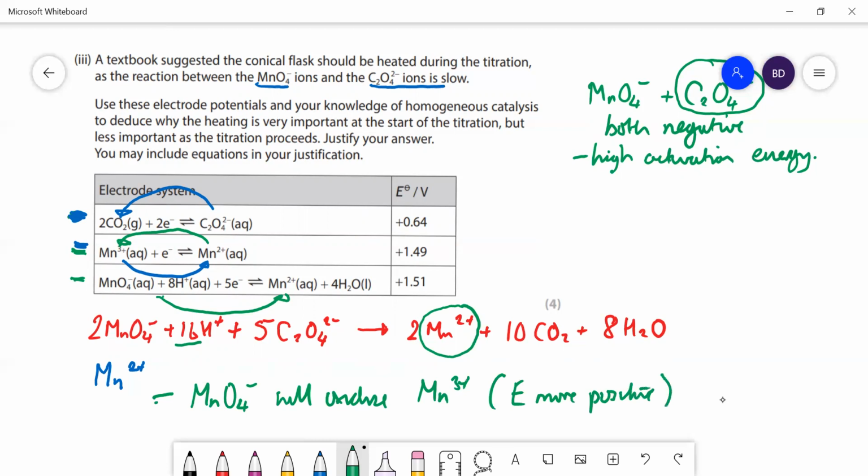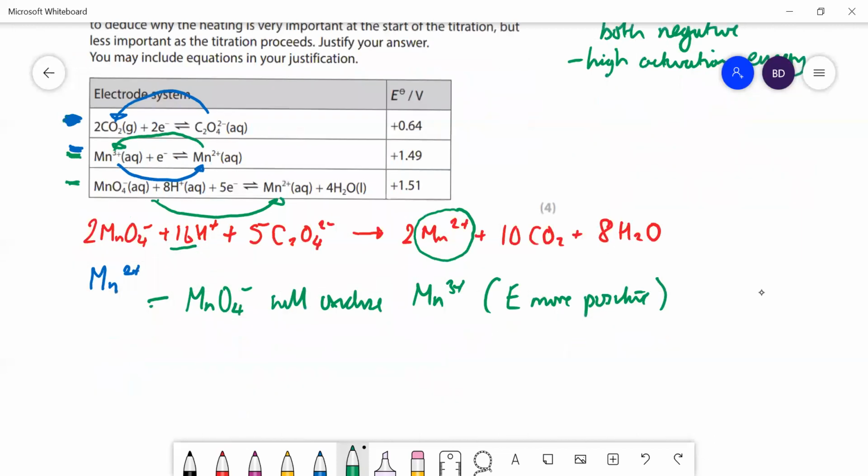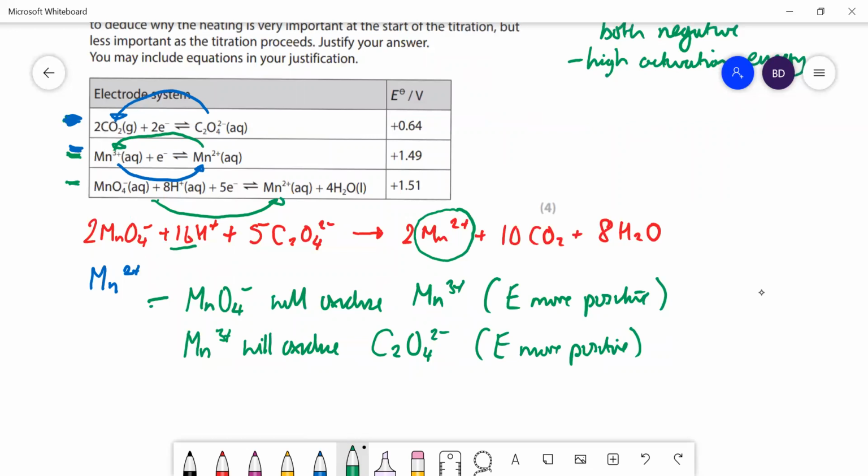And then you need to say that the Mn3 plus will then oxidize the ethanedioate ions because that E is more positive. Okay, so that is the end of the paper.